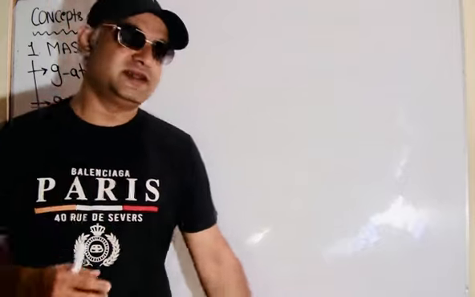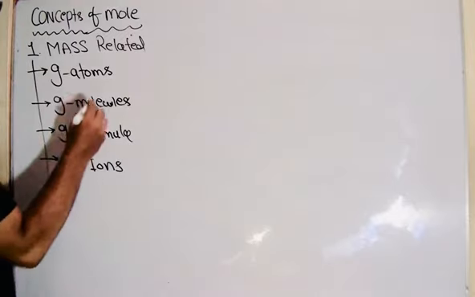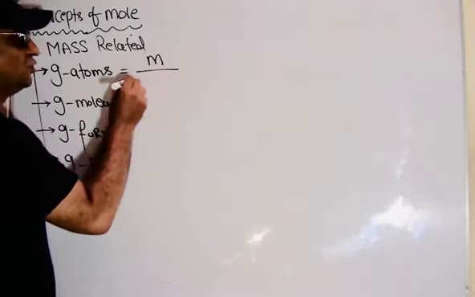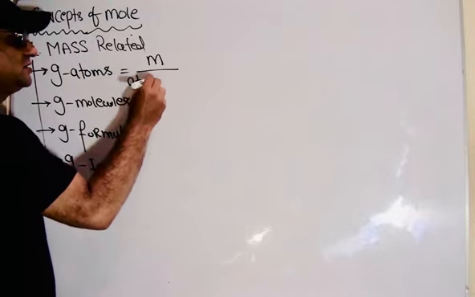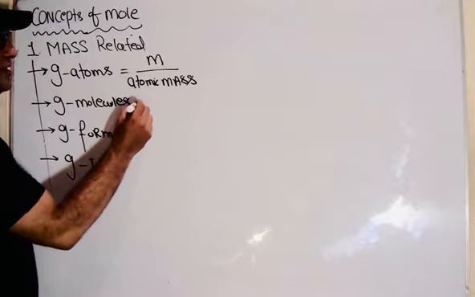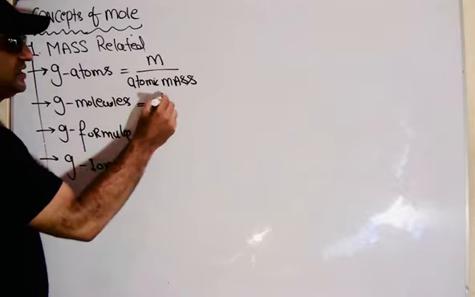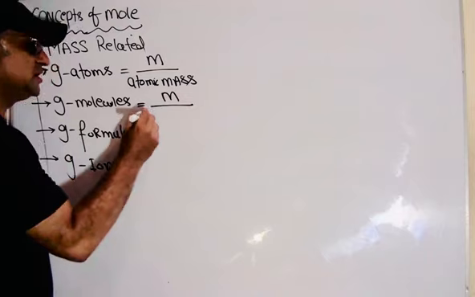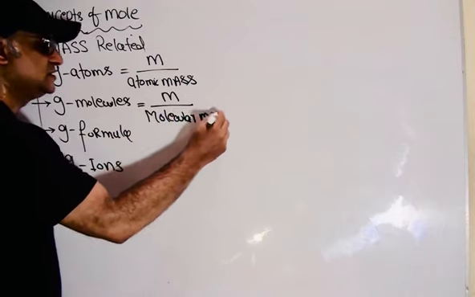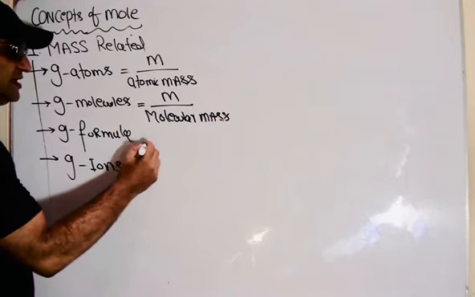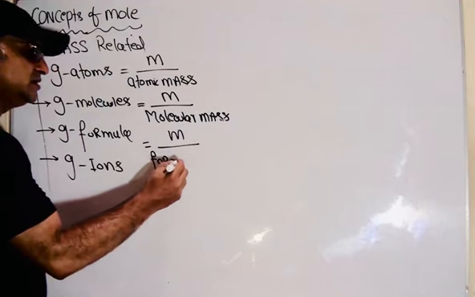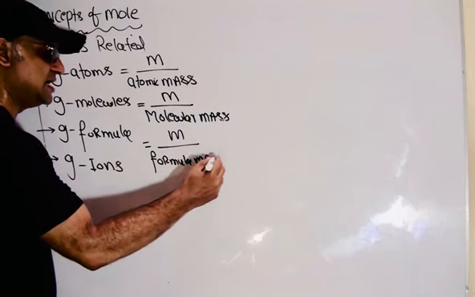So what are their formulas? Let's talk about gram atom. How can we calculate the gram atoms? The given mass of substance over atomic mass. How can we calculate the gram molecules? The given mass of substance over molecular mass. And how can we calculate the gram formula? Given mass over formula mass.